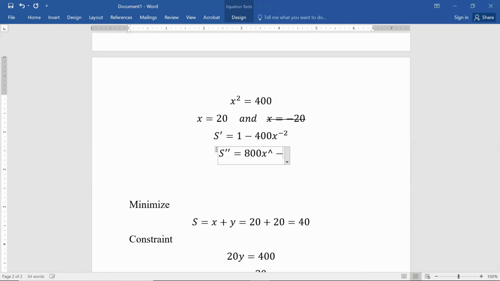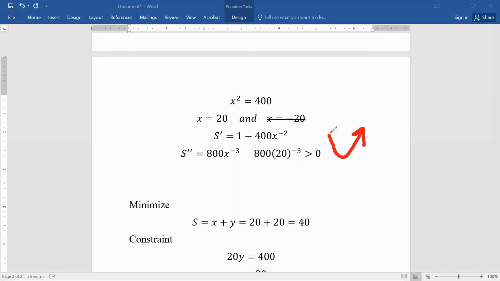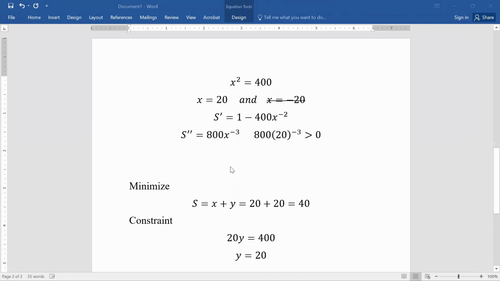If you plug in 20, 800 times 20 to the negative 3 power, it gives you a positive number. And we know that a positive number means that we're concave up at that value of X. And so we have a minimum value. That's how this works. Concave up, therefore, we know we have a minimum value.